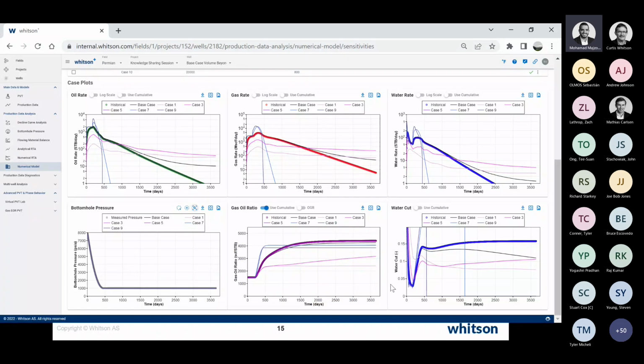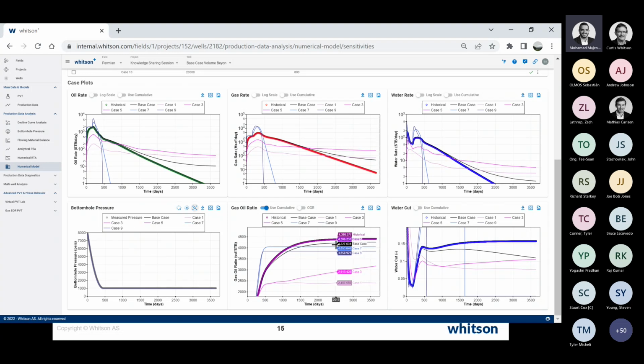So case 1 is the lowest permeability. Case 2 comes after that. It's a bit hard to see here. See case 7, which has lower perm. Case 5 has lower perm than case 7, but it's higher there.